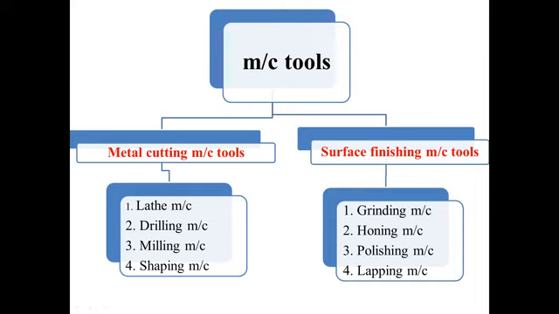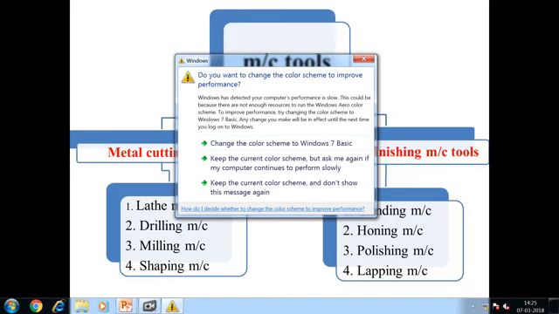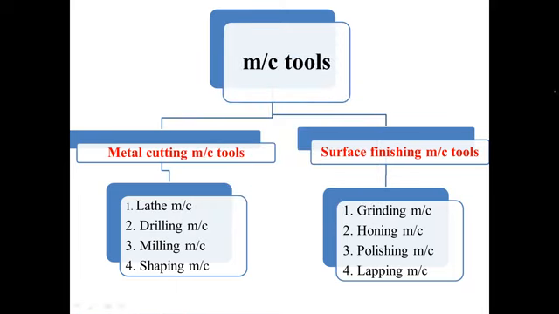The machine tools are again classified as metal cutting machine tools and surface finishing machine tools, out of which, as discussed, we have a syllabus of three parts: lathe machine, drilling machine, and in the second type, surface finishing, grinding machine principles or operations.